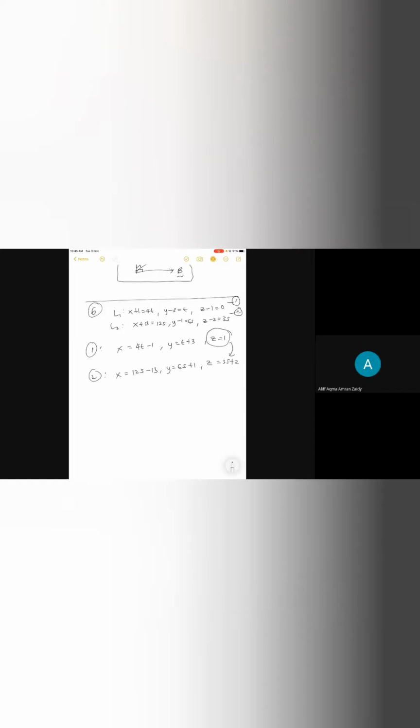Okay, so ini substitute dalam ni. Saya akan dapat nilai S. So, 1 sama dengan 3S tambah 2. So, 3S sama dengan 1 tolak 2. Iaitu -1/3. So, again, I substitute this one into this one and into this one.